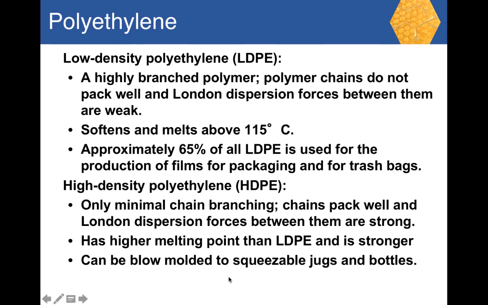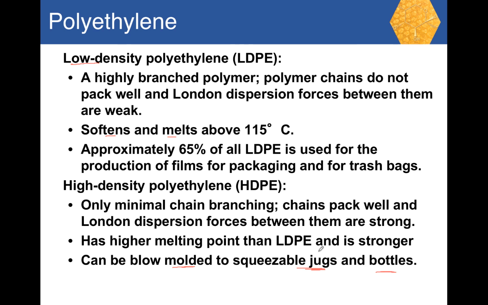This is a polymer that's of importance. It's called a low density polymer, as we can see here, and it has properties: soft, a melting point here, and it's used in industry. So you can see it can be molded into squeezable bottles.